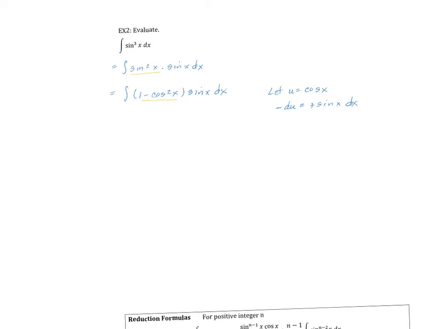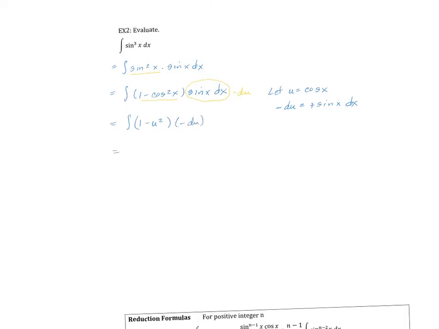I don't know why I keep forgetting my x. So that means I can replace sine of x dx with negative du. So I'll get the integral of 1 minus u squared times negative du.